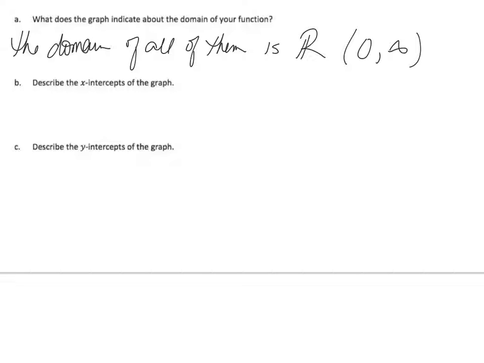Describe the x-intercepts of the graph. I circled them. They all have an x-intercept at 1, so 1 comma 0. They all share the same x-intercept. The y-intercept: there is no y-intercept.